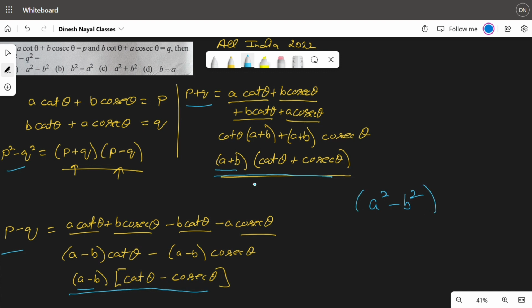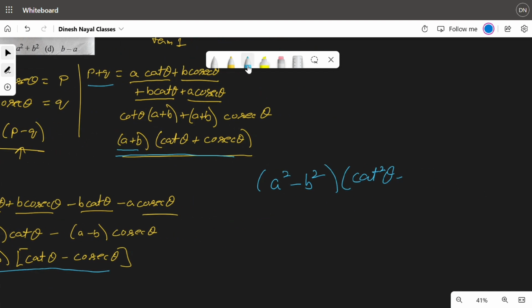Similarly for this, cot theta plus cosec theta, and this is cot theta minus cosec theta. The same identity, a plus b into a minus b, which is a square minus b square. So over here we can write cot square theta minus cosec square theta.